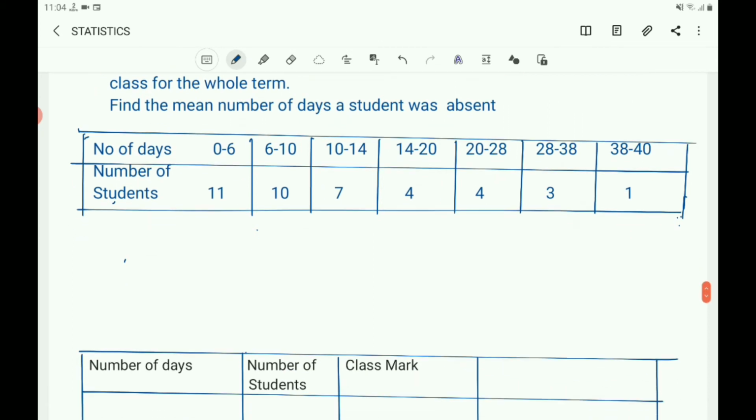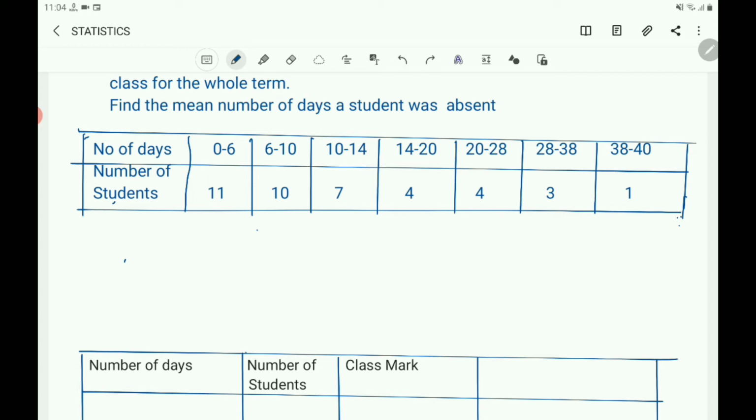First you take here the number of days in terms of class intervals, that is 0 to 6, 6 to 10, 10 to 14 days, 14 to 20 days, 20 to 28 days, 28 to 38, 38 to 40.